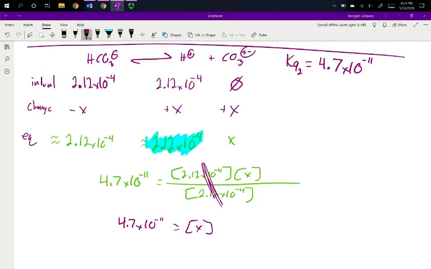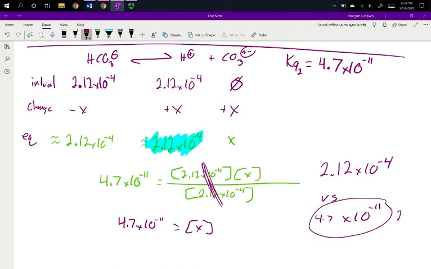Short version of the bullet points then at the end. Technically, a weak diprotic acid, we're not talking about the strong ones, does give away multiple protons. However, as you can see by the amounts, 2.12 times 10 to the minus 4 versus 4.7 times 10 to the minus 11, the extra in the second step versus the first step is basically none.